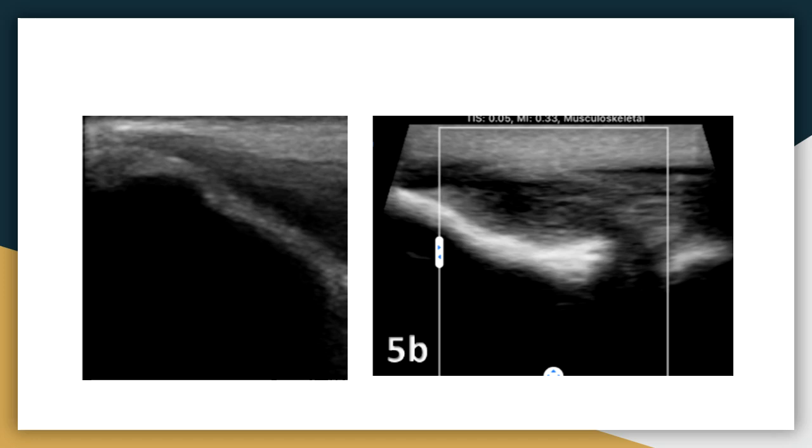On the right-hand side, we've zoomed in, and you can see discontinuation and disorientation in the parallel direction of the tendon fibrils. This is the ultrasound finding of disorganization of the tendon fibers and is the most common sign of inflammation and epicondylitis that you will get when performing an ultrasound.